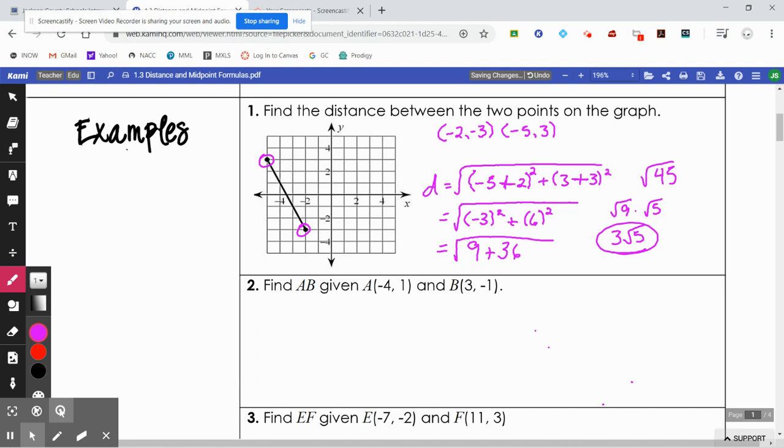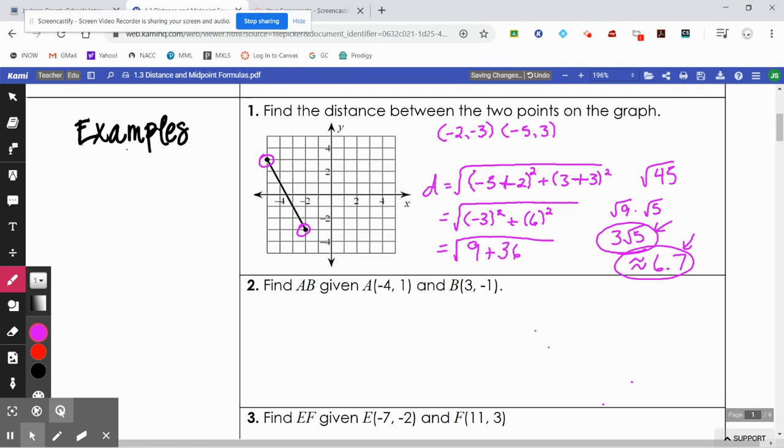The other method would be we could type that into our calculator, and we see that the square root of 45, rounded to the nearest tenth, is about 6.7. So this would be if they ever ask you to leave your answer as exact, or this would be an approximate answer.